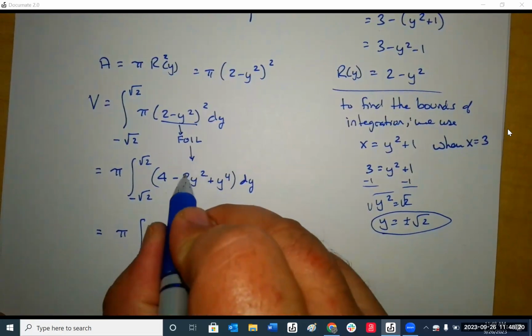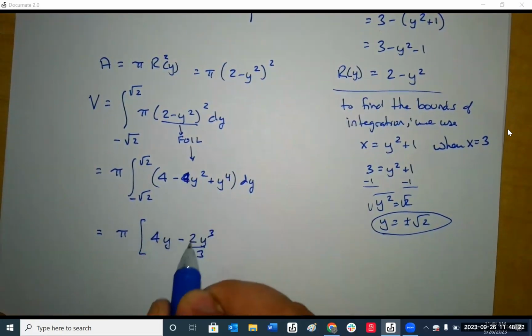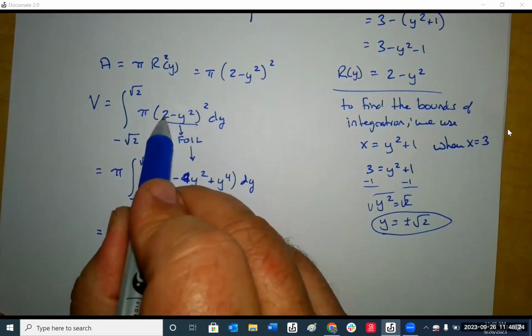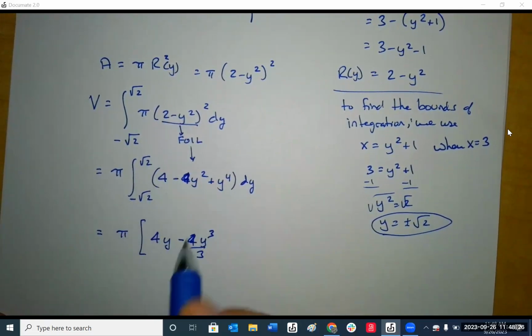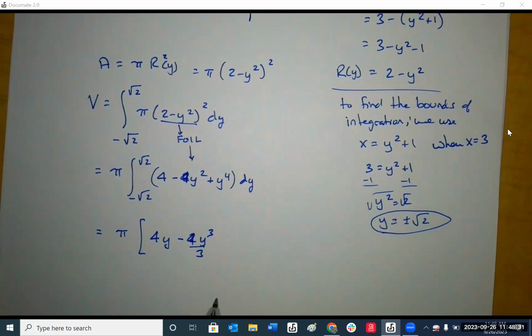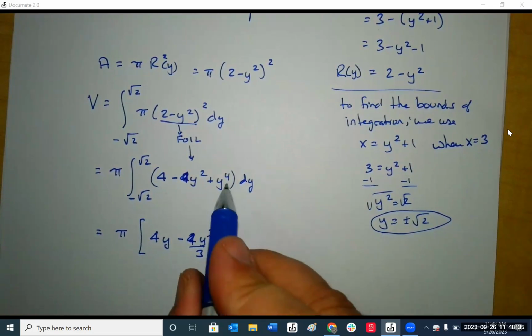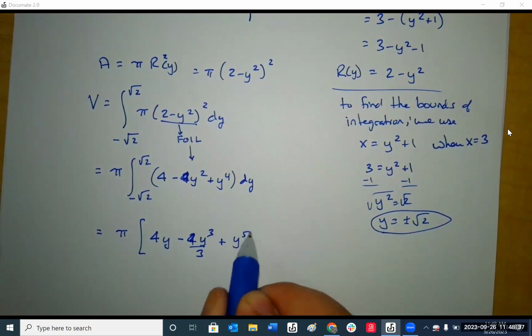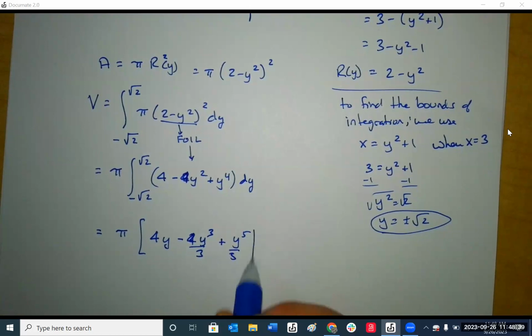Oh, no, it's 4, not 2. It's 4, because it's 2y squared plus 2y squared is 4y squared. So it's 4 in front of there. Y to the 5th over 5.